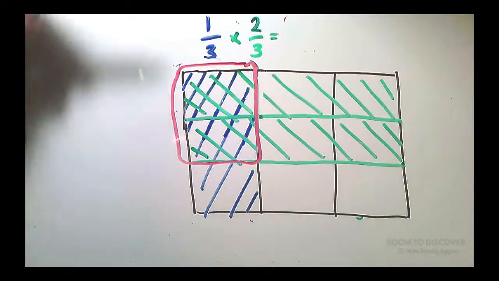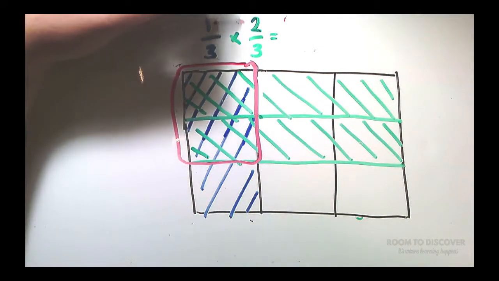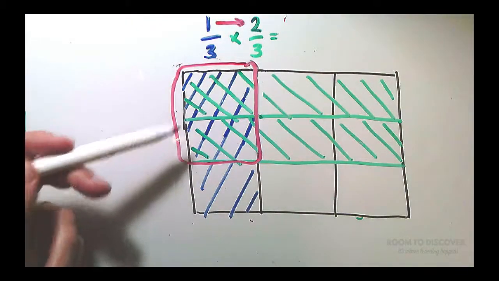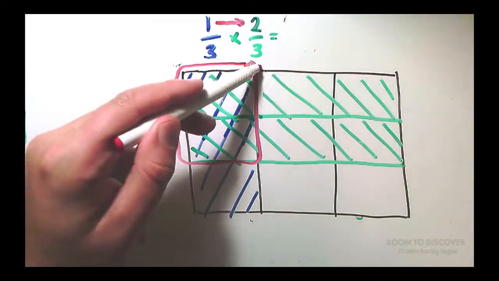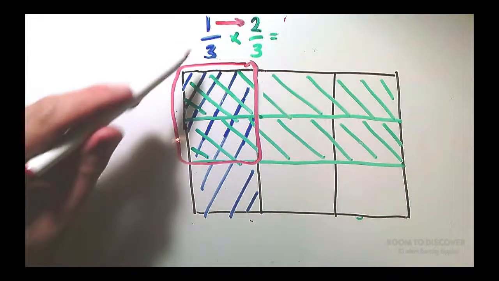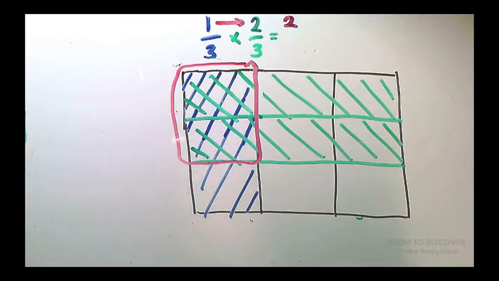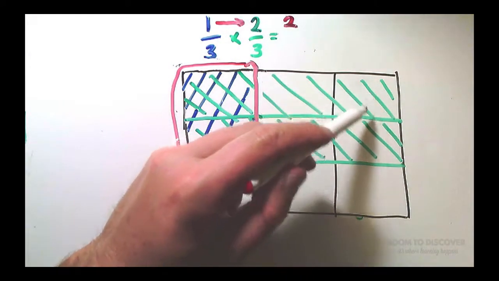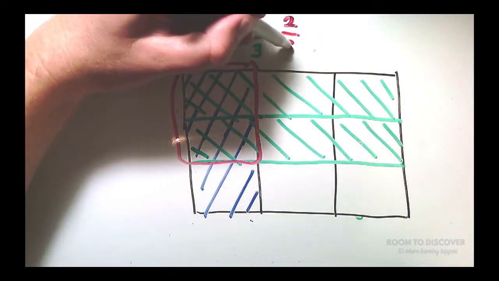And this gives us a hint into how do we find our numerator? Well, we multiply 1, because that's how many we have going this way, by 2, which is how many we have going that way. That gives us our numerator, which is 2. And then our denominator, we're looking at the total. And again, it's 3 this way by 3 that way, so that's 9.